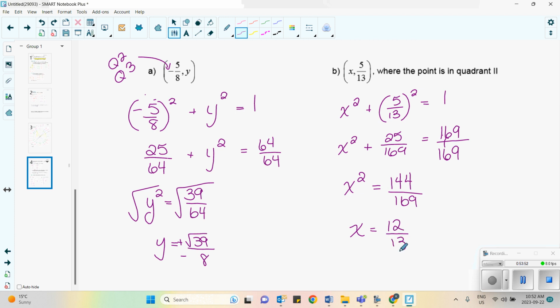We always default to the positive principal root, but this is telling us we're in quadrant 2, so we know that our x must be negative. I put the negative sign behind. That's no good, because that indicates that you're trying to subtract something from it.